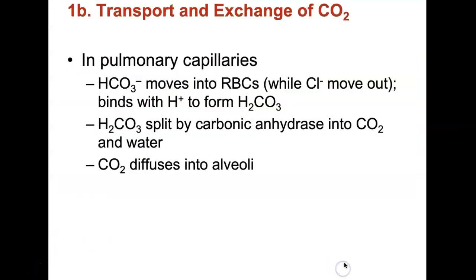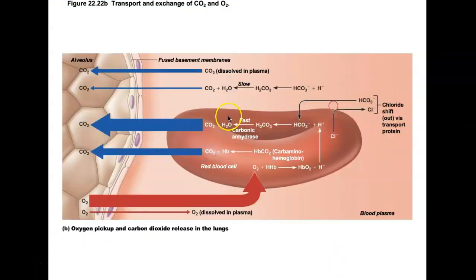In the lungs, if we take a look at the similar image here, the process is reversed. As blood moves through the pulmonary capillaries, its carbon dioxide partial pressure declines from 45 millimeters of mercury to 40 millimeters of mercury. For this to occur, carbon dioxide must first be freed from its bicarbonate housing, so to speak.